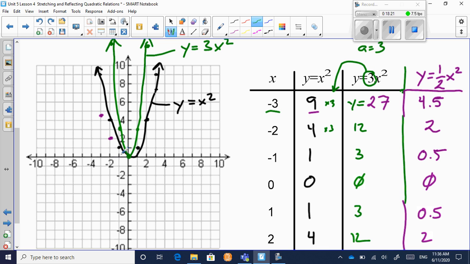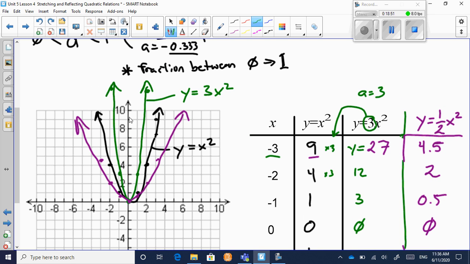If it was negative 1, it would be 1/2. 0, 1, it's 1/2. 2, it's 2. And 3, it's 4.5. So look at this one. This one you're going to be able to see is going to be wider.